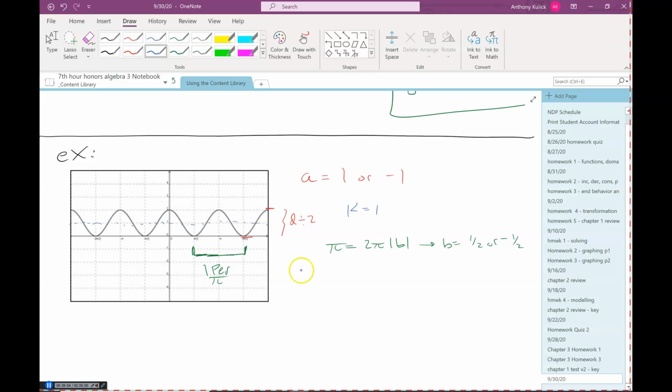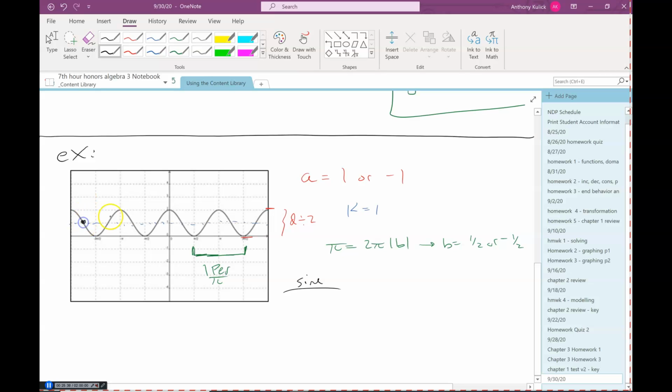So let's say we're using a sine function. For sine, what kind of point am I going to use to find the value for h? I need to select from my graph a midline point.